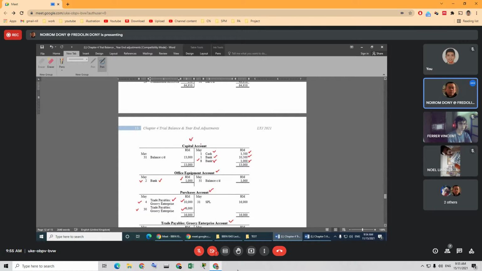Capital account, okay, this one also we have to balance off. So total. We only have a credit total, that is 13,000. So use that 13,000 as the total for both sides. And in order to make the total debit 13,000, we put this 13,000 here as balance carried down, and you will have balance brought down underneath.